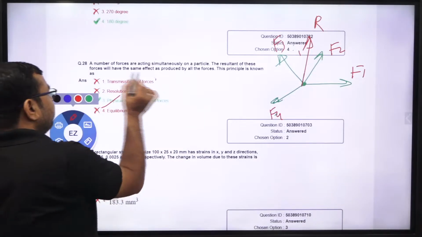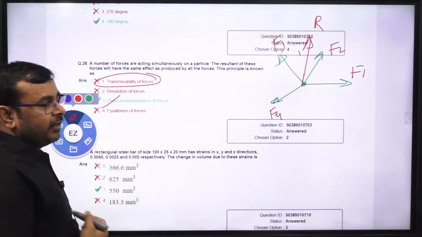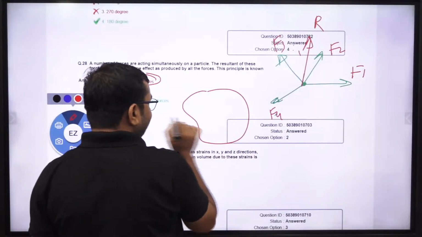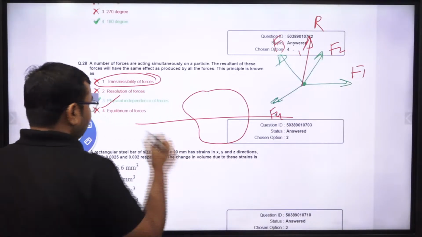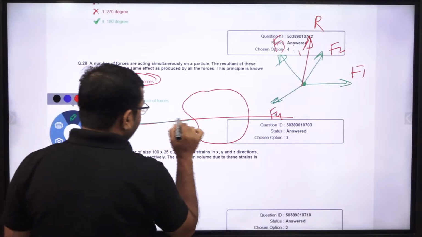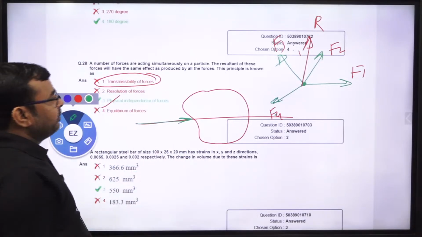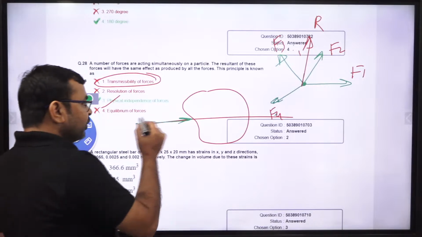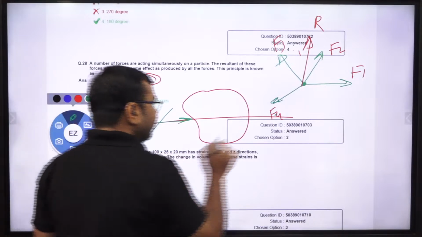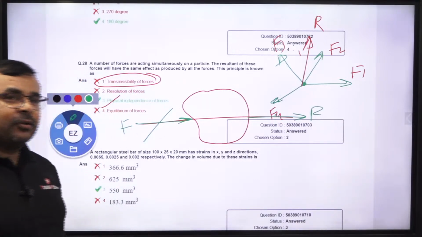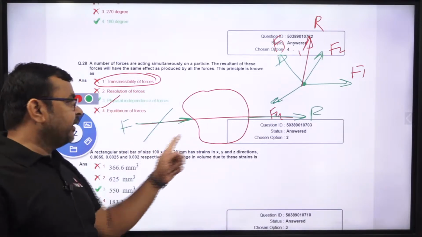And if you are confused with this, simply, the transmissibility of force is nothing but this: suppose you have a body and this is the line of action, and you have one force acting somewhere here. Is that clear? The principle of transmissibility of force tells us that if you shift this force from here to here, it will produce the same effect as the effect produced by this force.